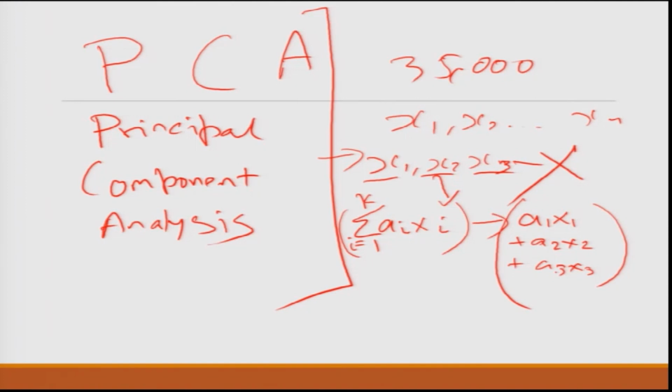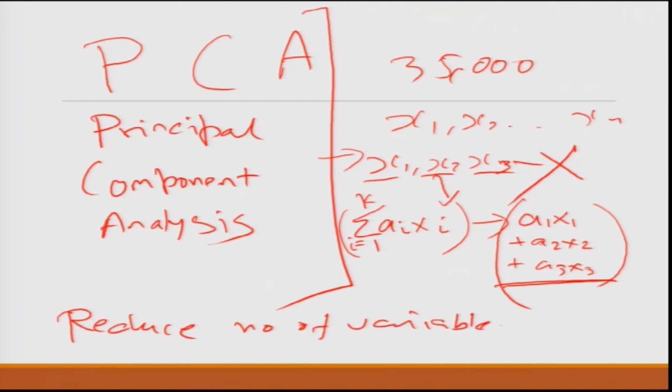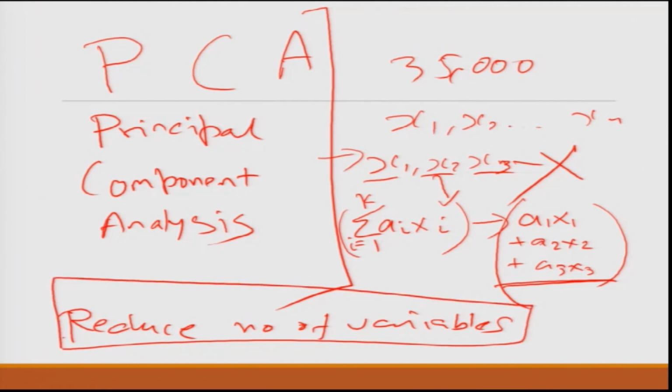We will talk about this in slightly more detail, but the concept is: can this linear combination replace x1, x2, x3, and if it can, then let me reduce my number of variables. So the whole idea is to reduce the number of variables. I am not doing any regression; all I am trying to do is find out which of the variables can be combined, and in a way it is again looking at patterns.